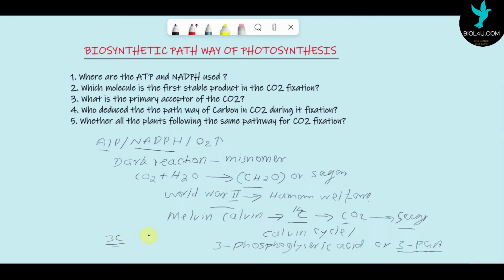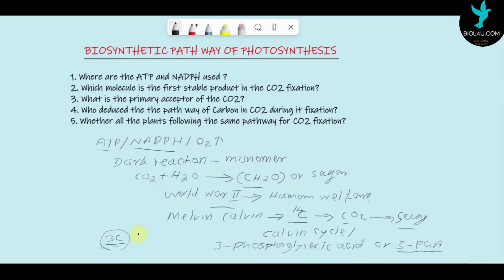So scientists also tried to know whether all plants have PGA as the first product of carbon dioxide fixation. Melvin Calvin obtained the result by hard work: the first stable product of the Calvin cycle is 3-PGA, a 3-carbon compound. So the next question in front of the scientists was whether all plants have a 3-carbon compound as the first stable product after carbon dioxide fixation.